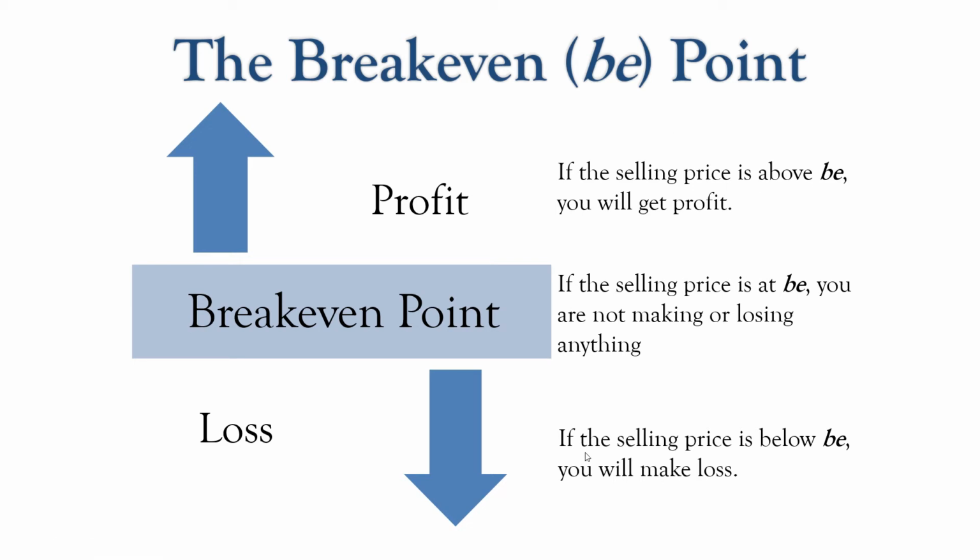But if you sell below the break-even point, or BE, you will make a loss. So remember, at break-even point, above break-even point, you dapat profit. Below break-even point, you akan dapat loss.